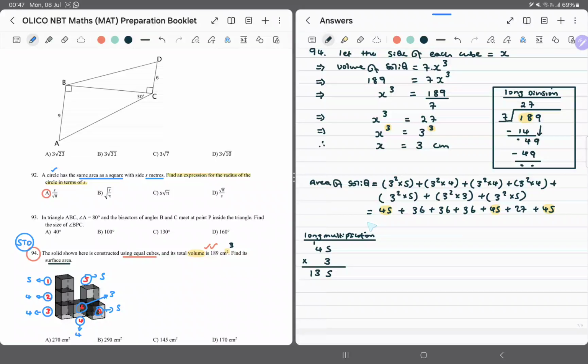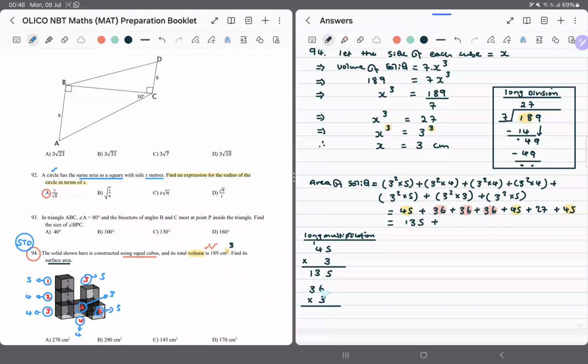So we've got here, maybe let's move this one before it really irritates me. Let's move it here. So we will have here 135 plus, we've got 36, 36, 36. So again, we can have here 36 times 3.